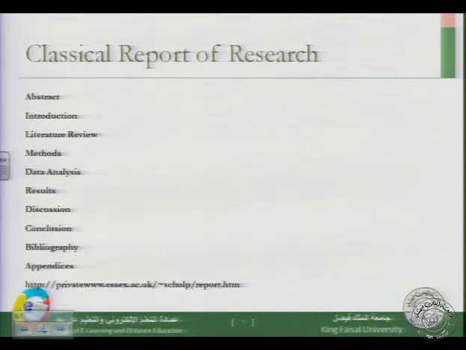This is a link for a famous supervisor, a well-known famous researcher, and he has many articles and books about research, and he explains this classical report of research. We are going to visit that link from time to time to know the meaning of abstract and introduction.